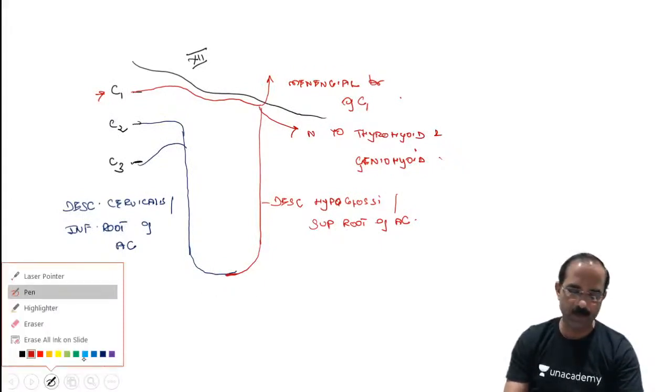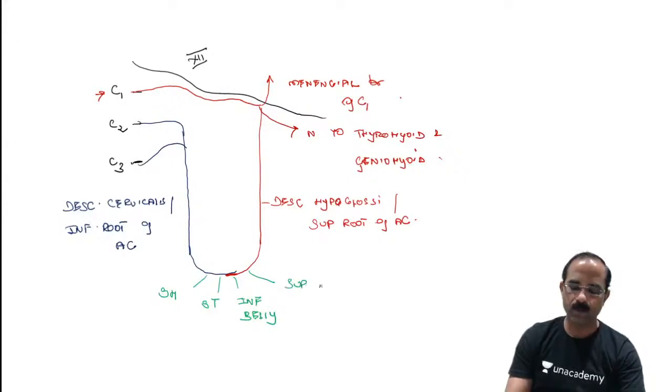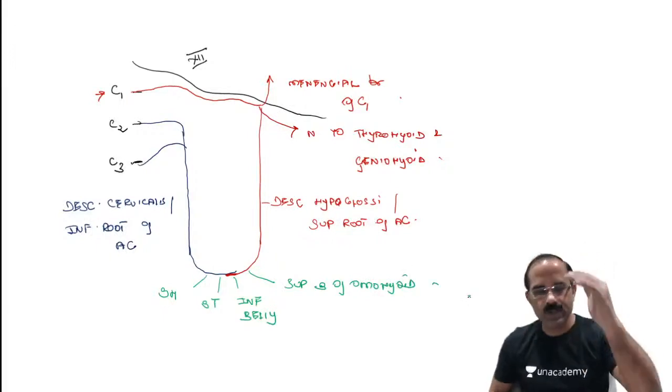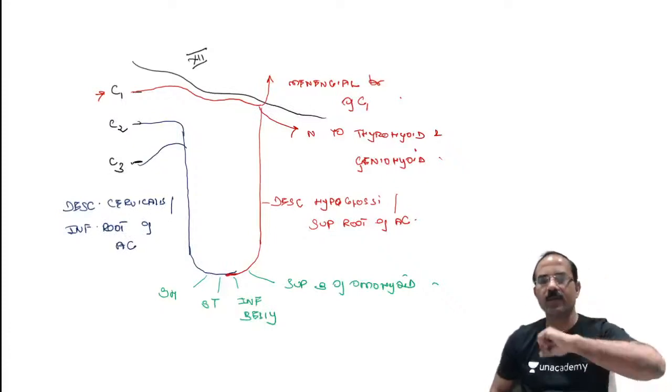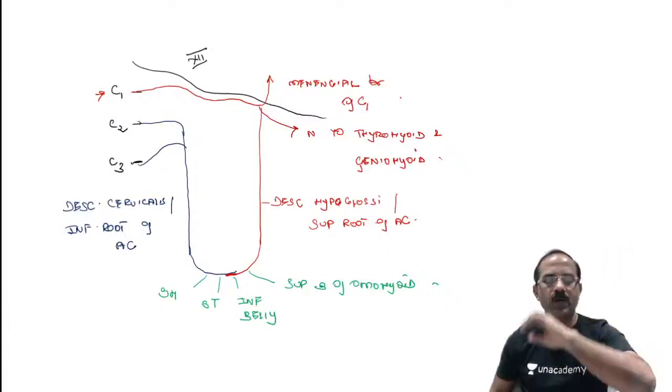And what are the branches from the Ansa cervicalis? These are the nerve to sternohyoid, the nerve to sternothyroid, the inferior belly, and the superior belly of omohyoid.